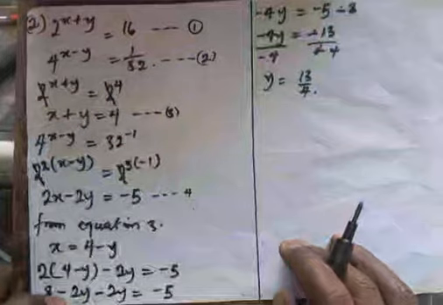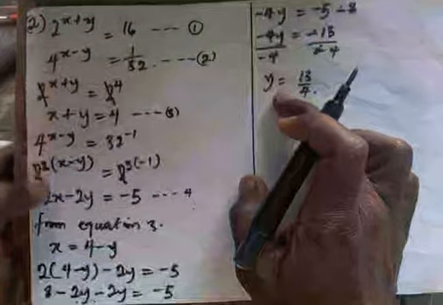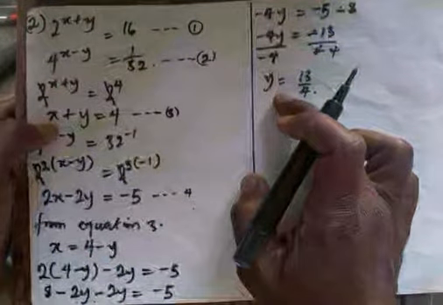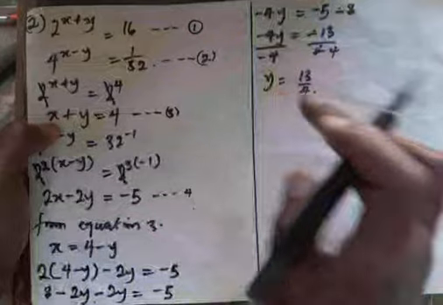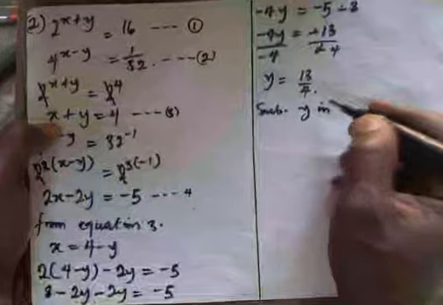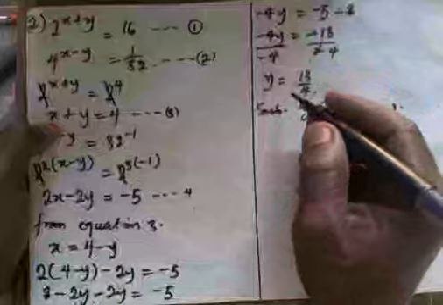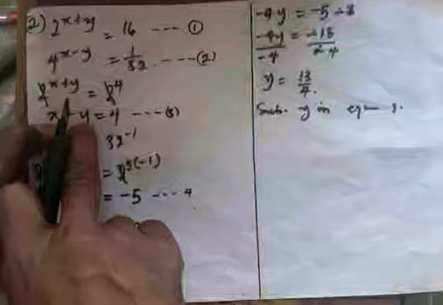So if y equals 13 over 4, we can substitute y in equation 3. Wherever you see y, you put this value.